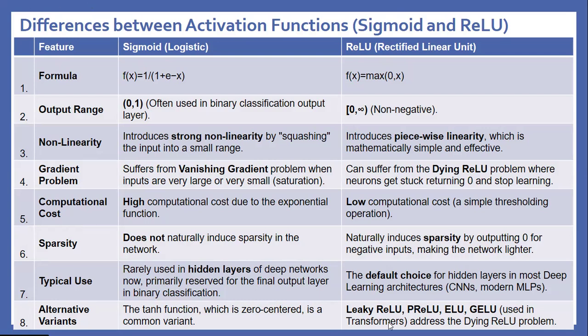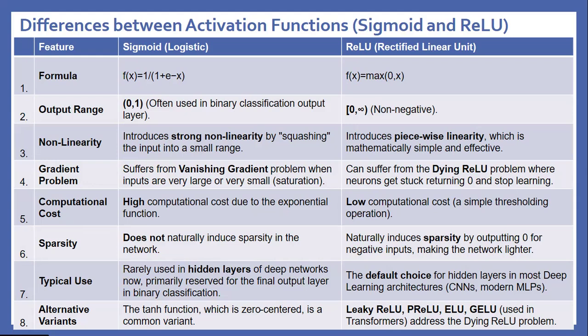The ReLU function ranges from 0 to infinity, non-negative. Non-linearity: the sigmoid function introduces strong non-linearity by squeezing the input into a small range. The ReLU function introduces piecewise linearity, which is mathematically simple and effective.